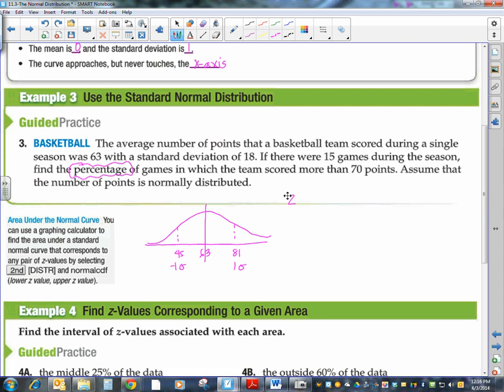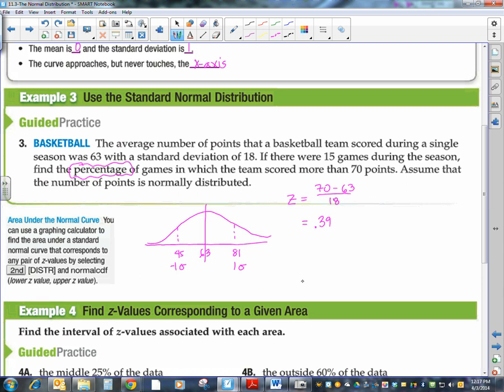So my z value is going to be that number 70 minus 63 over standard deviation of 18. And that gives me a z value of 0.39.